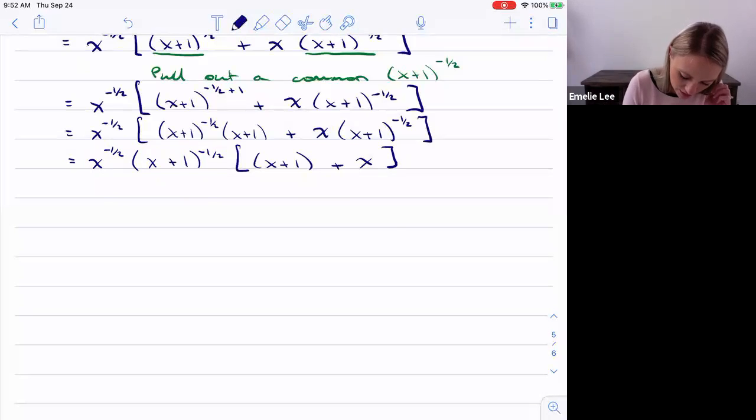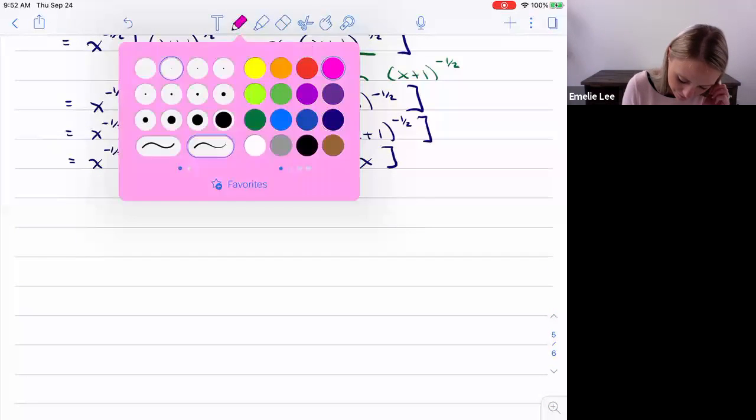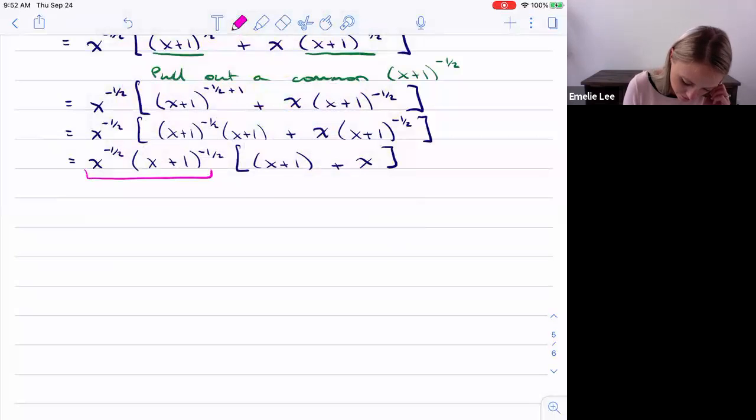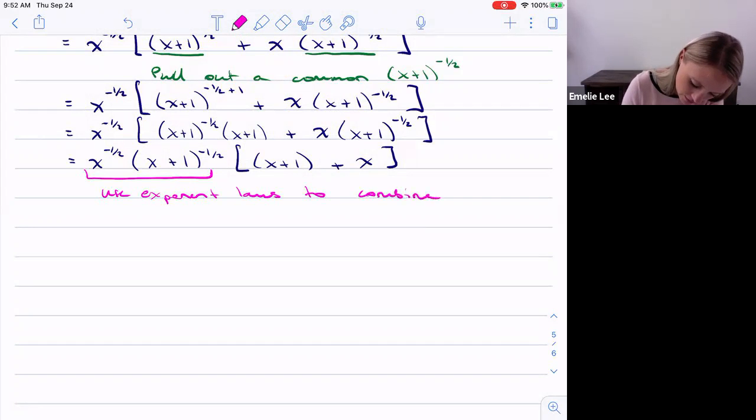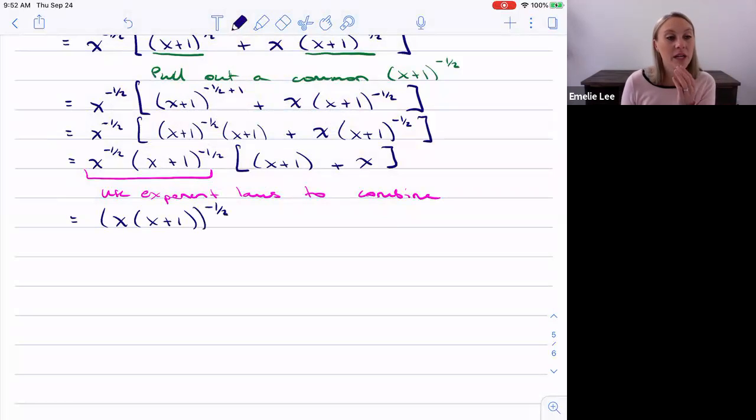So let's make a note: use exponent laws to combine. We get x times x plus 1 to the negative 1/2, pulling that negative 1/2 outside, because I'm multiplying inside.